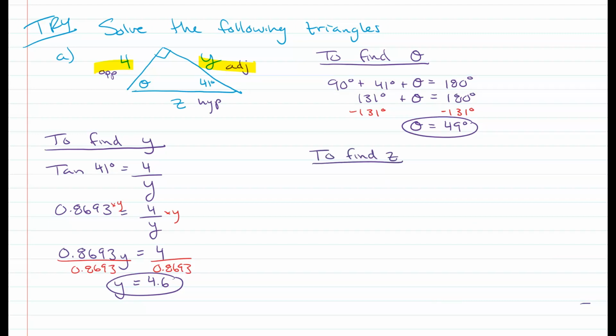And last thing to find is z. So I only have one known side. It is the opposite, and I want the hypotenuse. So I'm going to use sine. Sine of 41 is opposite over hypotenuse. Find sine of 41 on my calculator.